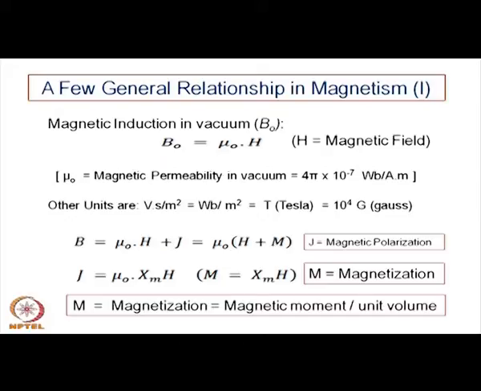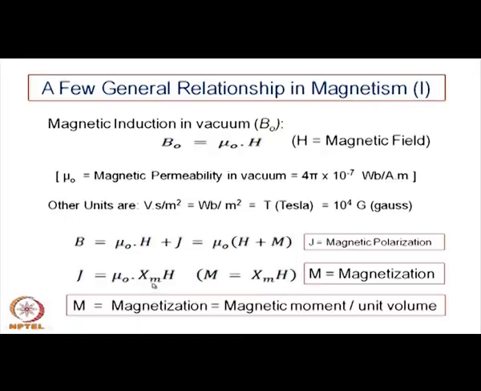Instead of vacuum, if we have a magnetic material which responds to the magnetic field in some form or the other, then we can write the magnetic induction B equal to mu 0 H plus J, where J is the magnetic polarization, and J also has a relationship with M, the magnetization, and by that one can write mu 0 H plus M. From this relationship one can get J, the magnetic polarization, equal to mu 0 chi M. We introduce another parameter which is very similar to the dielectric behavior.